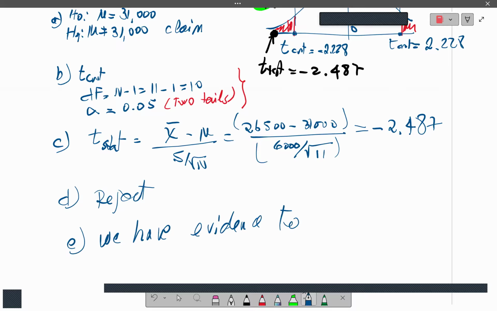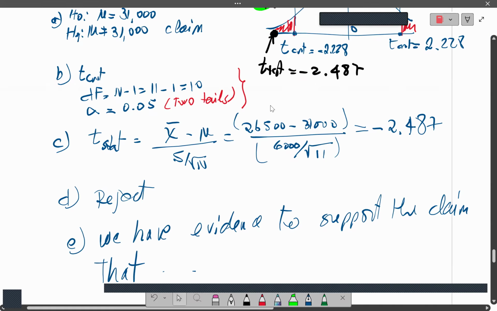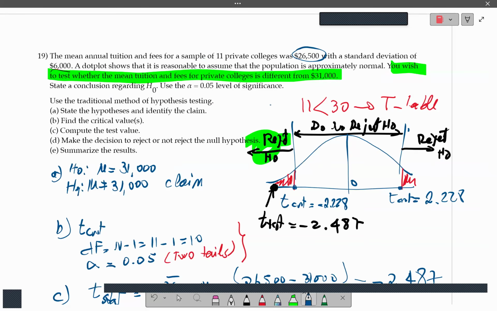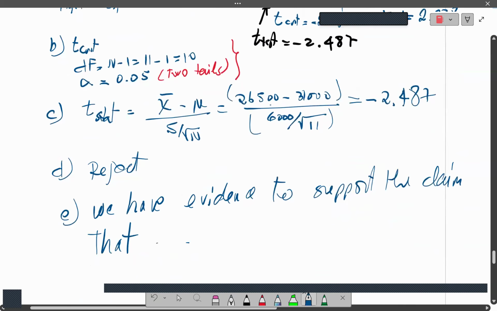We have evidence actually to support the claim, right? And if you want, you can say that here, what the claim is saying. So you copy exactly what the claim is saying. Do you see the green part? So you copy from here that the mean tuition and fee for private college is different from 31,000. You understand it? And that's basically it. That's 19.